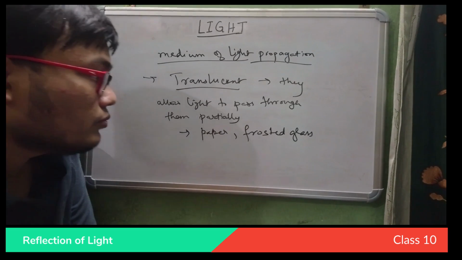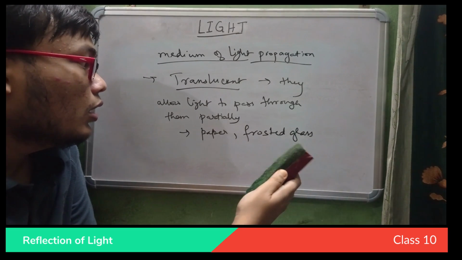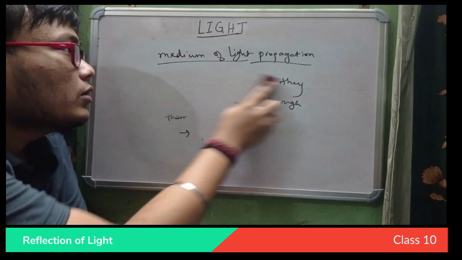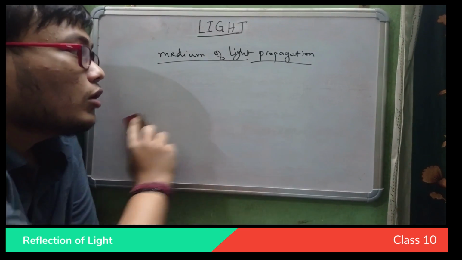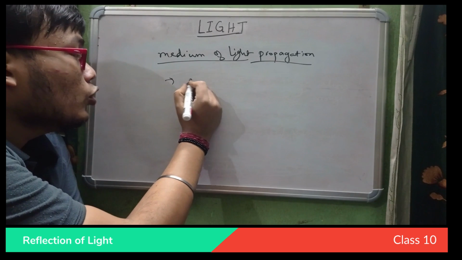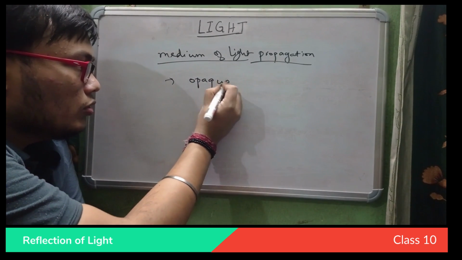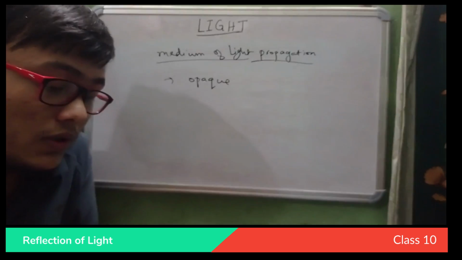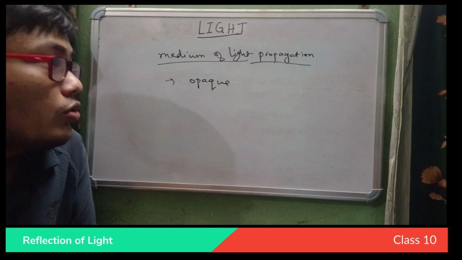Now we'll move on to the next medium, which is the opaque one. An opaque body is one which doesn't allow light energy to pass through it.